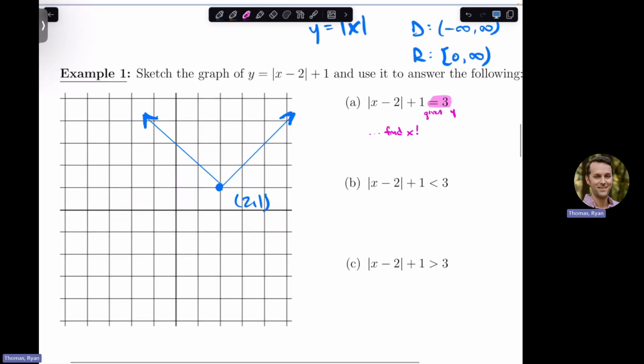Okay, well, if I have a nice graph of this thing sitting there, what do we need to look for? Find y equals 3. 1, 2, there it is. Then what? Find the x values to go with that.